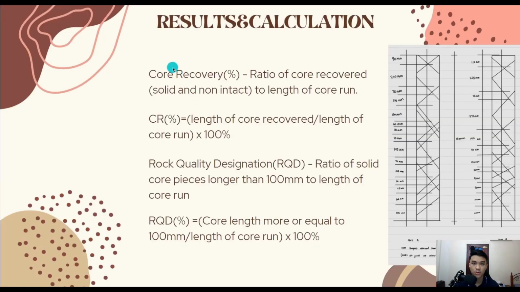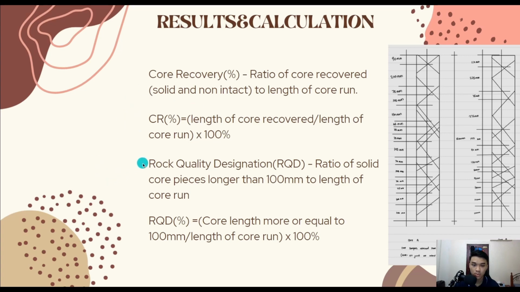Alright, so core recovery is the ratio of core recovered, solid and non-intact, to the length of the core run. So the formula for core recovery, in percentage, is the length of the core recovered divided by the length of the core run, times 100% to get the value of the core recovery in percentage.